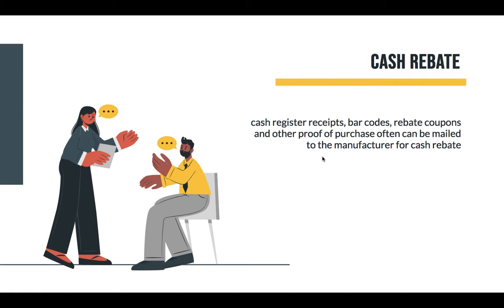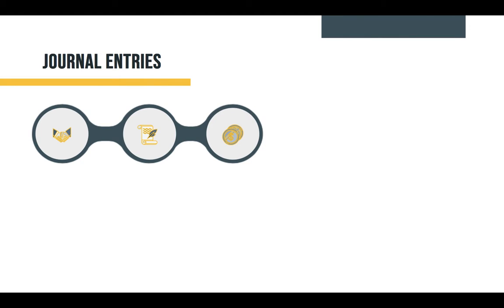Ihatag tong mga coupon or maybe the tabs or the boxes of the items that you purchase, then you will receive a cash rebate. You will receive cash from the seller or the retailer, for instance. Okay, so under this, we have 3 important dates to look at for our journal entries.